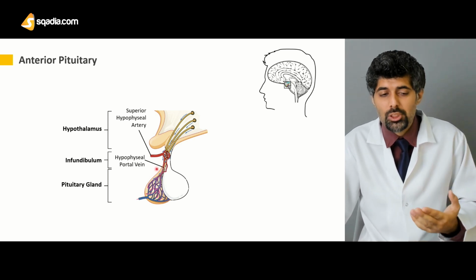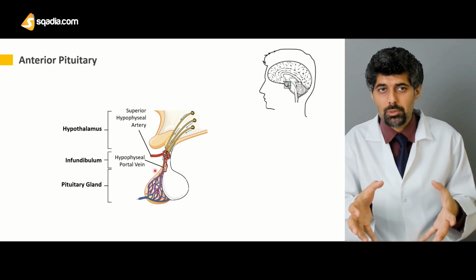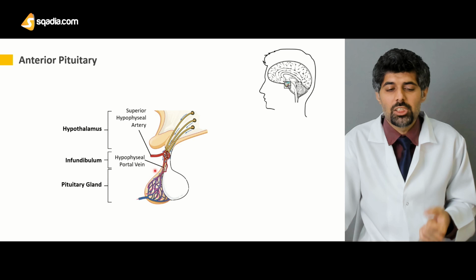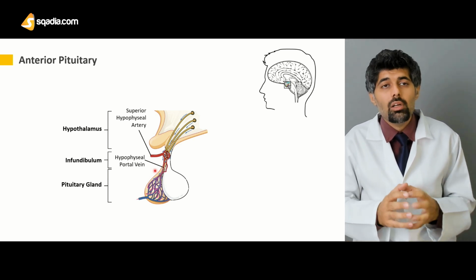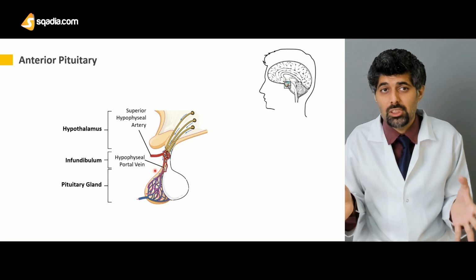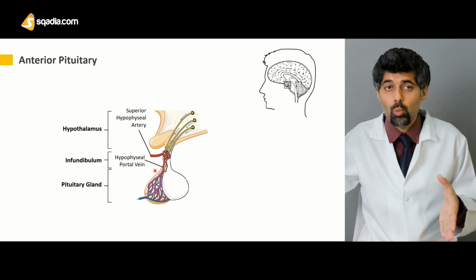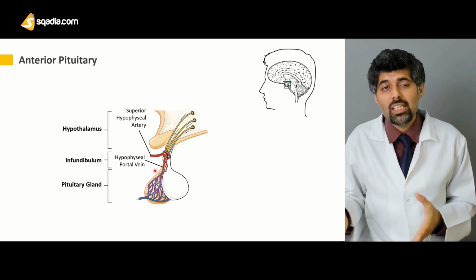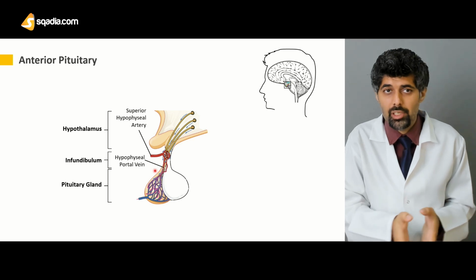This portal system is known as the hypophyseal portal system, and this vein is known as the hypophyseal portal vein. In our body, there are only two portal systems. One portal system is the one that lies with the liver, and the second is the one that lies in the pituitary gland.